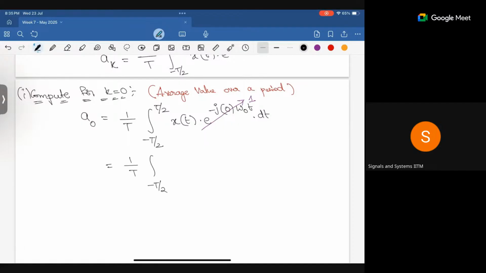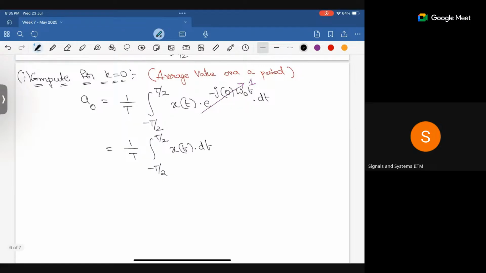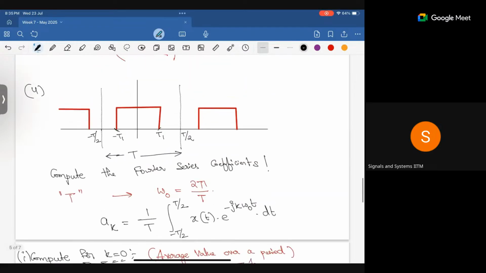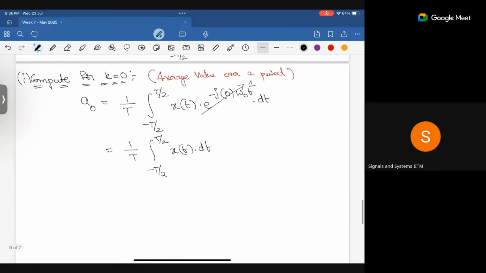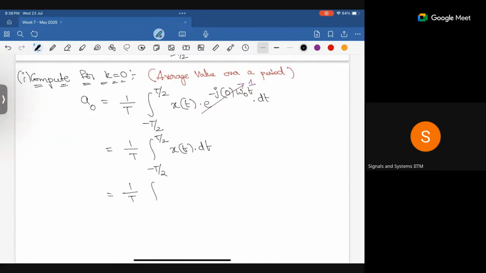So the result is 1 by T integral from minus T by 2 to T by 2 of x of t dt. This is nothing but the average value. Looking at the signal, it is non-zero only from minus t1 to plus t1, and the value there is 1. So the integral limits change to minus t1 to plus t1 with integrand 1 dt, and from minus T by 2 to minus t1 and t1 to T by 2 the signal is 0, and the integral of 0 is 0.